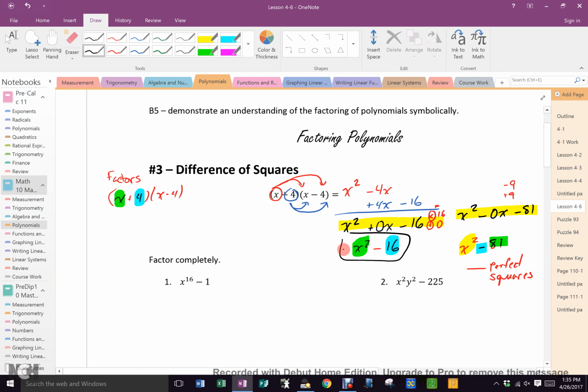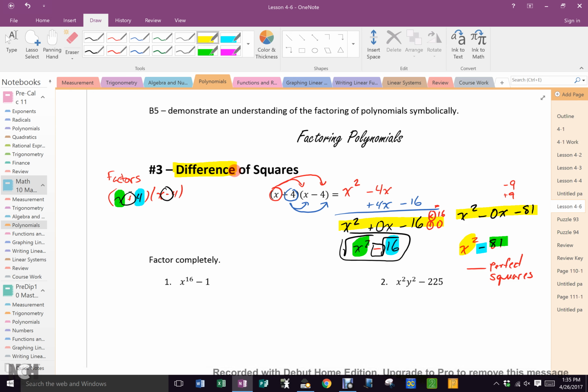Yes. You take the square root of the first one, x and x. You take the square root of the second one, 4 and 4. And what do you put between them? Plus and minus. Please notice that it only works when it is a difference of squares. Does everybody understand?